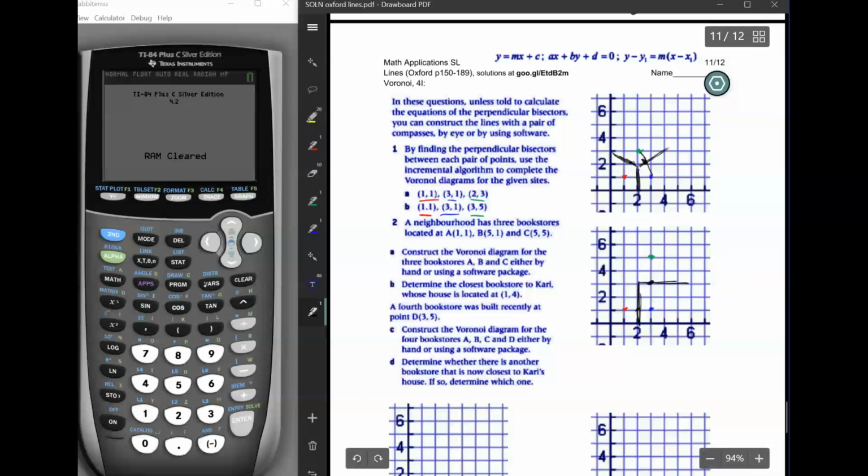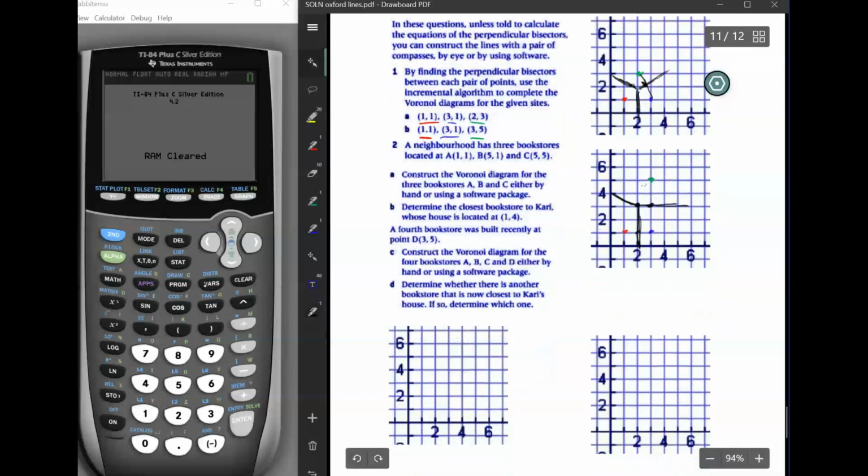And then finally, if we wanted to do a border between red and green, it would go through this midpoint, and it would be perpendicular to the line connecting green and red. And this is the line connecting green and red, right? So the line perpendicular to that would be kind of like that. Okay? So that would be the Voronoi diagram for this scenario.